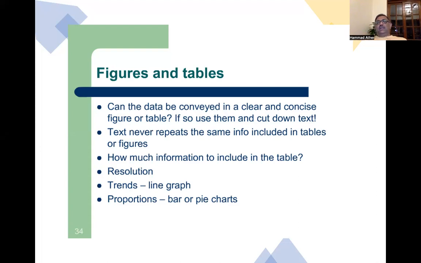So these are all important considerations, and how much information should be there in the table. If something can be easily described in a few words in the text format, there's no point making a big table for it. Line graphs versus bar or pie charts really depends upon the kind of data that you have.